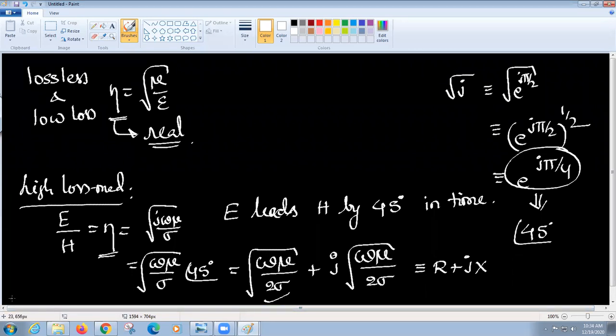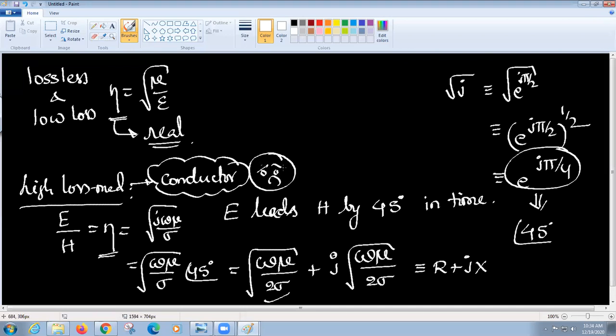Therefore, in a high loss medium, meaning a conducting medium, EM waves always suffer. The intrinsic impedance of this high loss medium is complex, and E always leads H by 45 degrees in time.